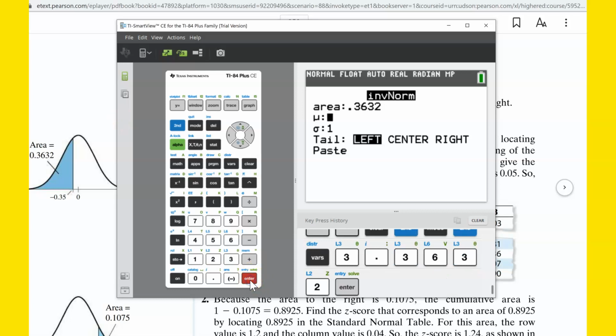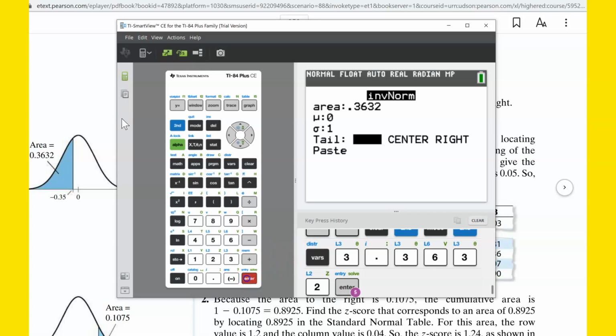Since it says z-score, it's talking about a standard normal distribution, which means that the mean is 0 and the standard deviation is 1. So if it doesn't give you a mean or a standard deviation and it just says z-score or standard normal, then you have your mean and standard deviation given to you by definition.